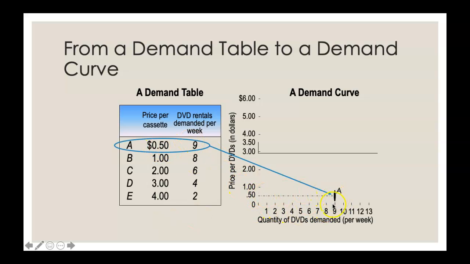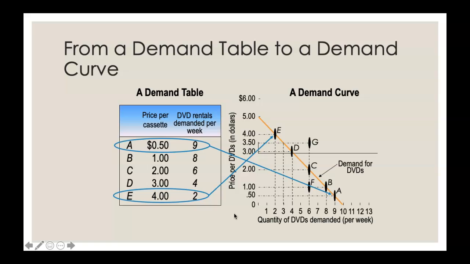At 50 cents we have 9, and so that's how it's, the quantity is here and the price is here. At $4, only 2. Quantity demanded is only 2. So that's how you would graph your demand curve.